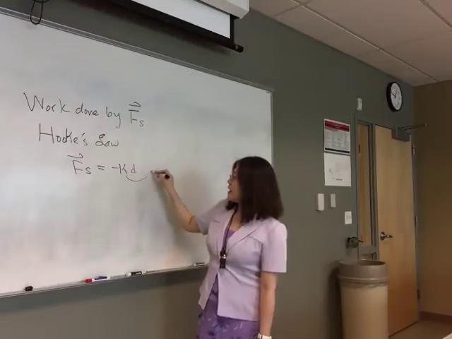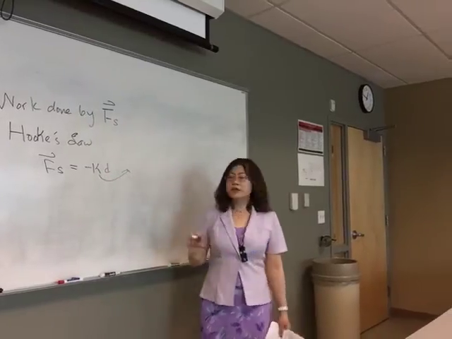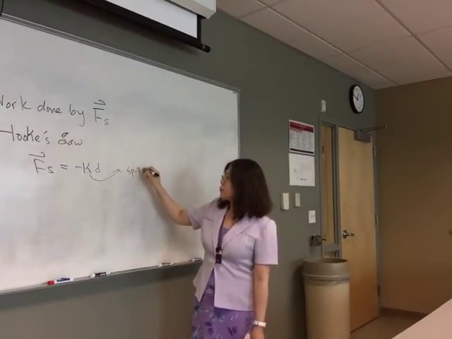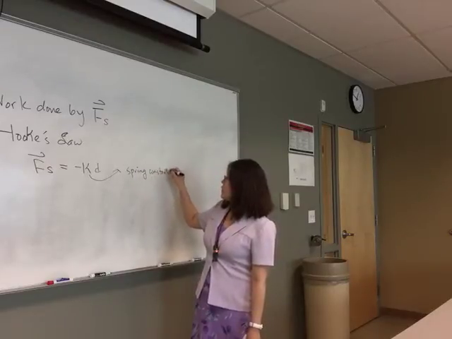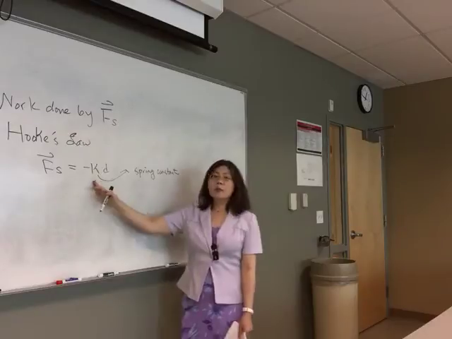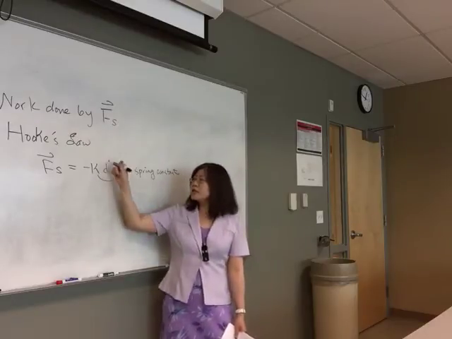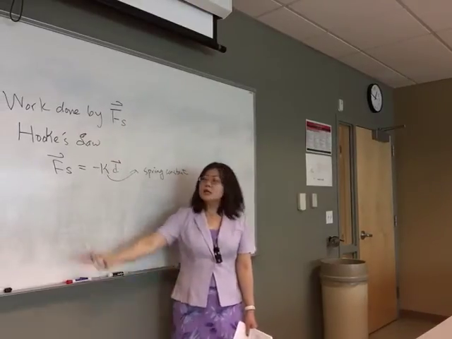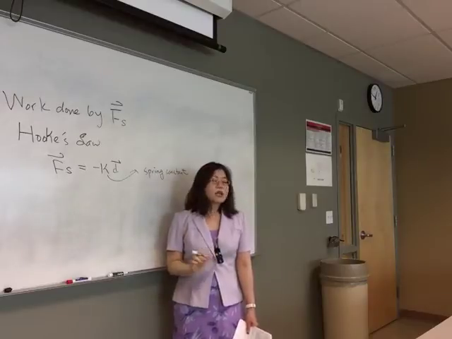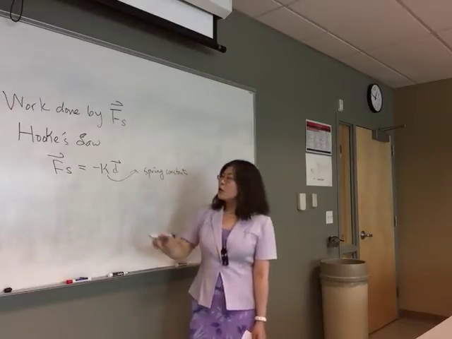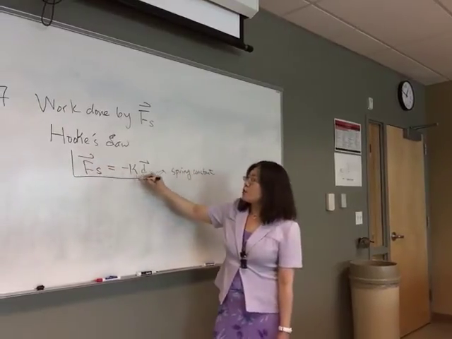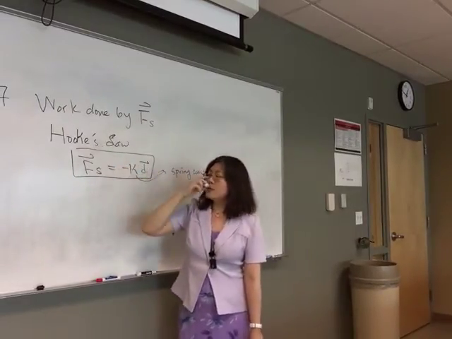Now this k is not kinetic energy. This is the spring constant. Each spring depends on its elasticity, so it will have a different spring constant. So this is basically a constant, and d is displacement. As you can see, force is a vector, and displacement is also a vector. So this is what we call the restoring force. Why do we call that a restoring force?